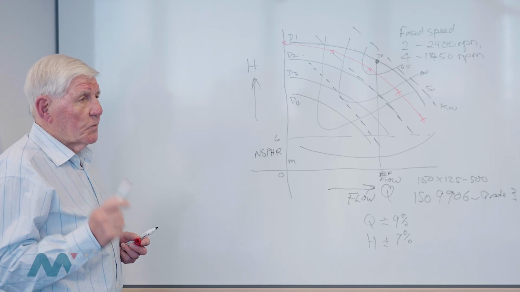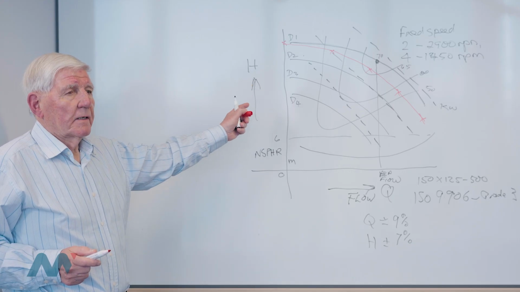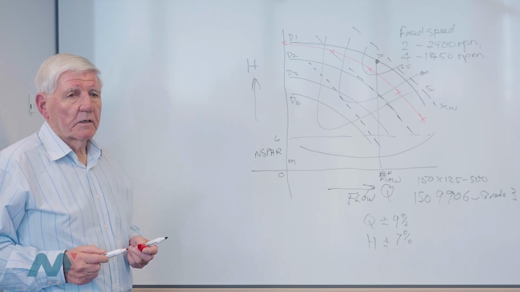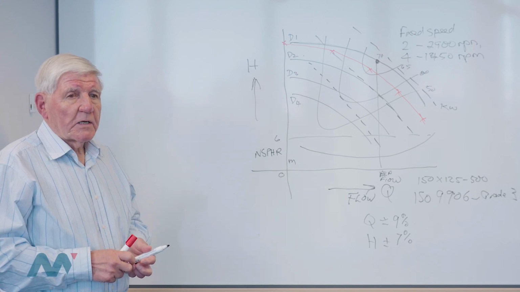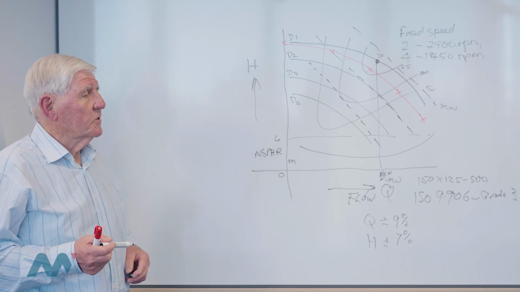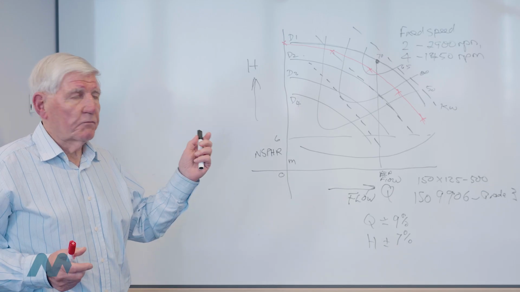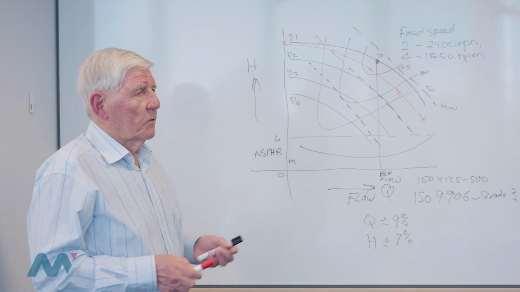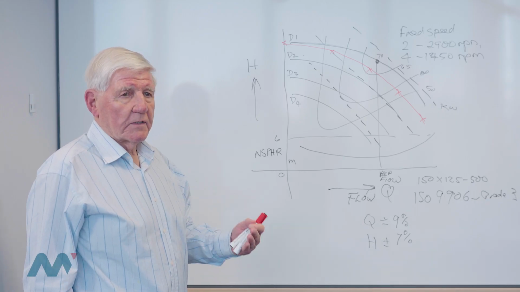Now, a lot of pump users don't understand that factor about the information that's provided in a pump performance curve. And that's because taking a pressure measurement is easy. You just stick a gauge on the suction and a gauge on the discharge, and you measure the differential. And that gives you the pressure differential that the pump can produce. It does not give you the velocity head component, which increases as flow increases.